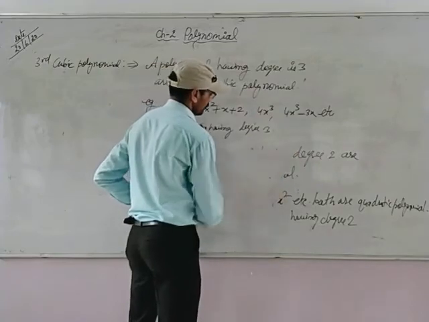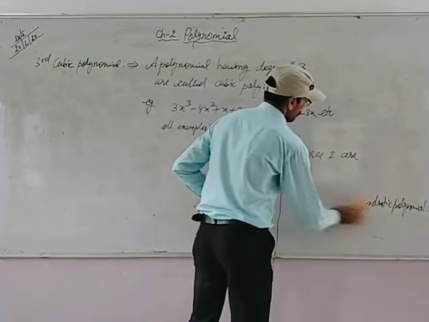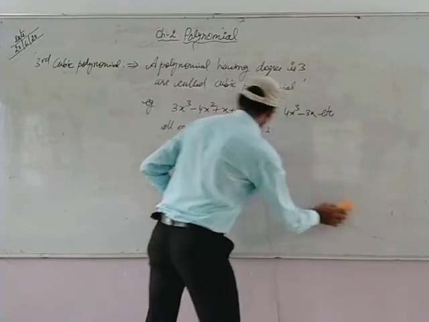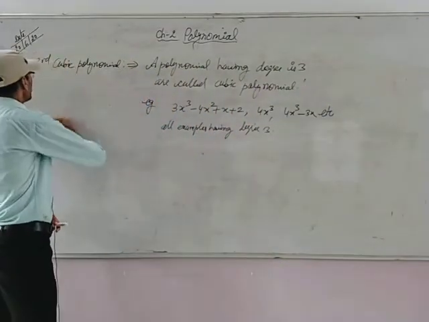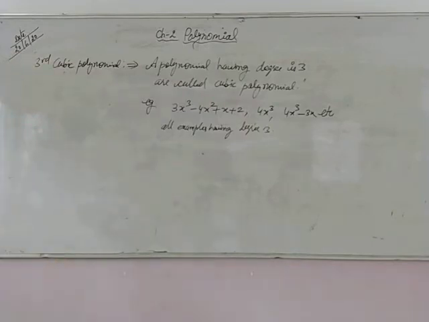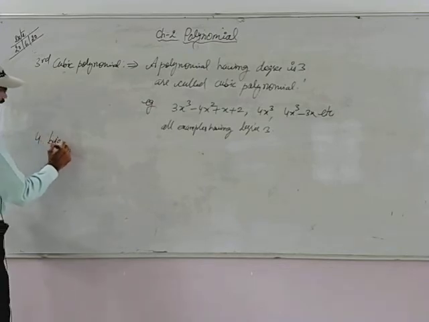Now these are the types of polynomial according to their terms or according to their degree. Now fourth, biquadratic.